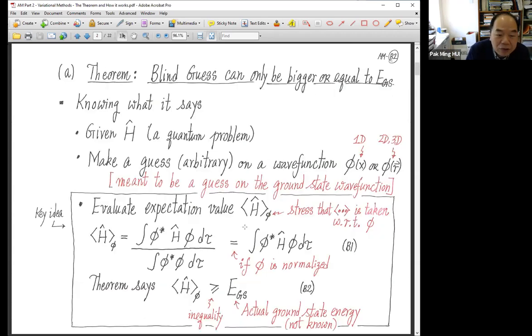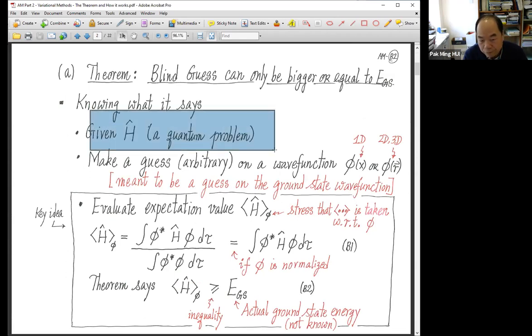So let me introduce the governing theorem of this idea. It says the following, and then I will prove it is the case. So first of all, you have a problem to solve. Again, it could be a problem like an infinite well, but with some funny thing here.